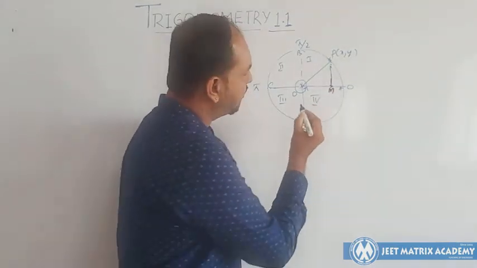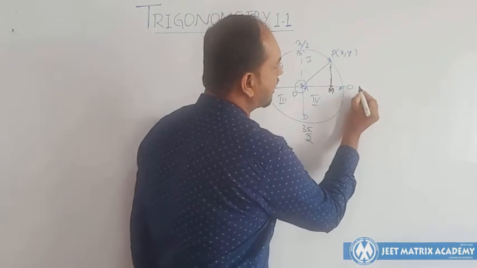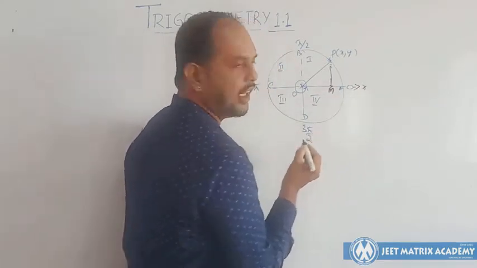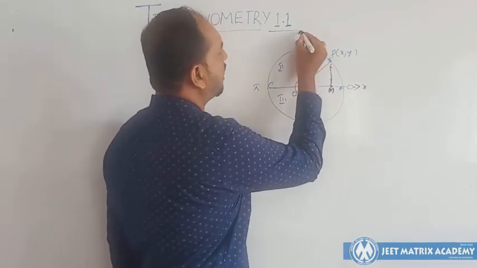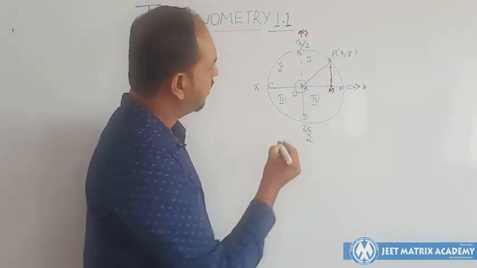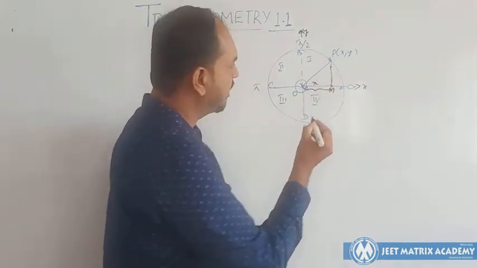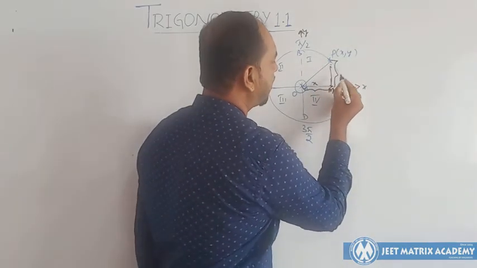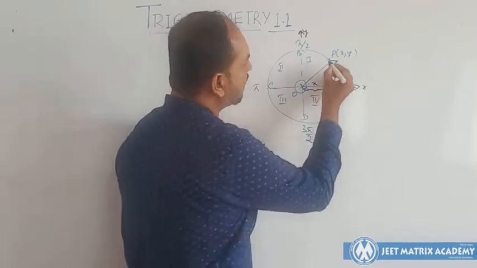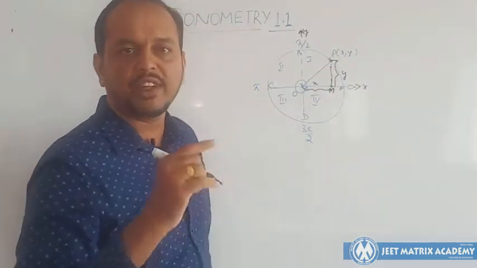We know this side is the positive x-axis and this is positive y. So this distance is positive x and this height is positive y. This coordinate we know as P of x comma y.